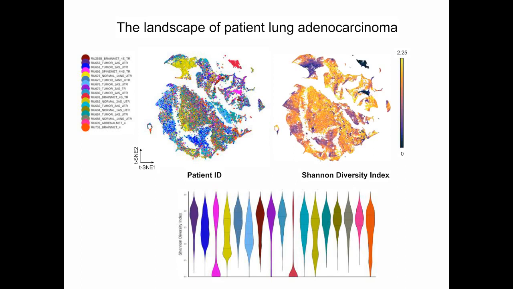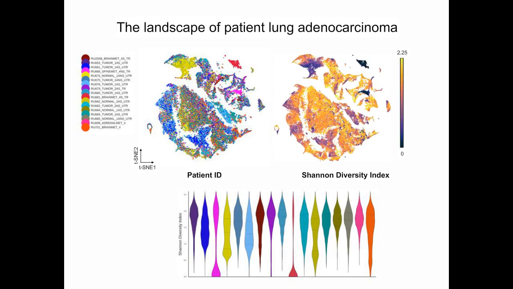And so what I'm showing here is, again, the patient ID coloring on the left, which is basically the data from an earlier slide, and then colored by the Shannon Diversity Index, which gives us a sense for how different each group is, or how different each single cell is from its neighbors. And so you can see that all of the cells that were previously colored as lymphoid cells are all mixing well together, whereas the components that are from the epithelial cell compartment are the ones with higher diversity.